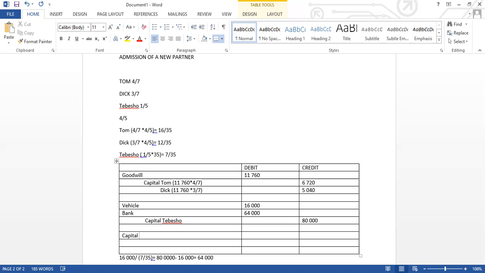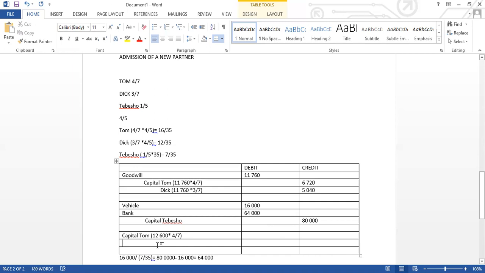So we have Tom. Tom will have, we said it's 12,600, right? Is that the loss made? Yes. Okay, using the old profit sharing ratio. So that will be Tom 4/7. So what is Tom's loss share?